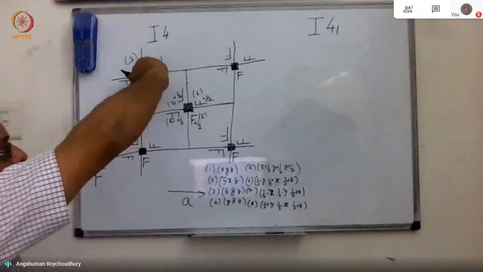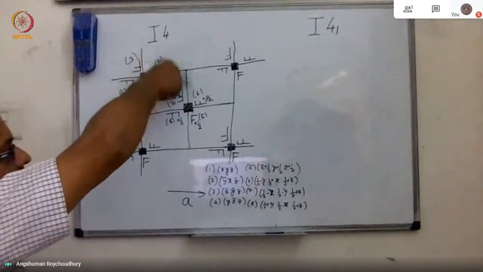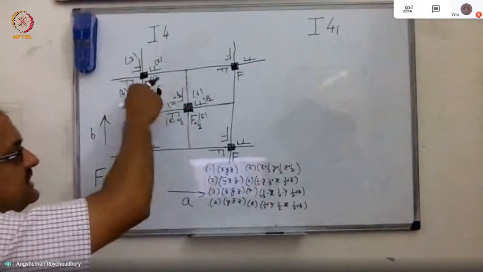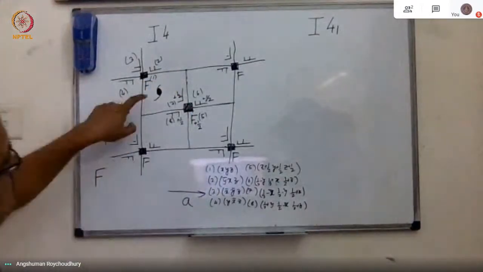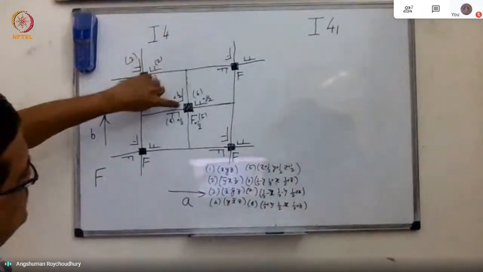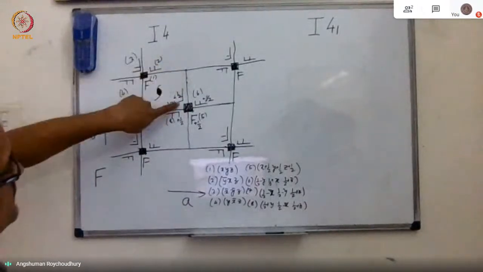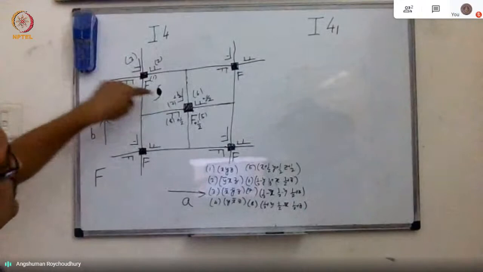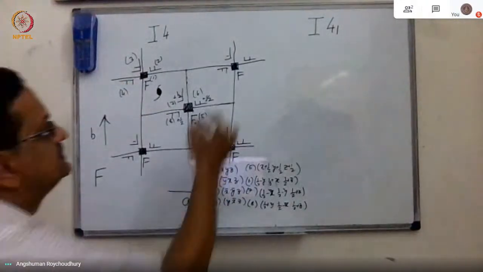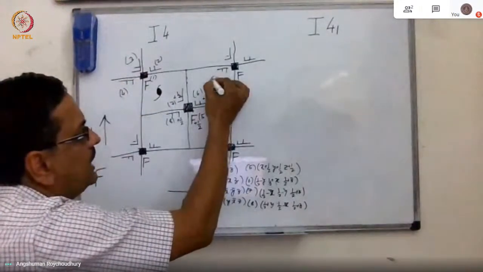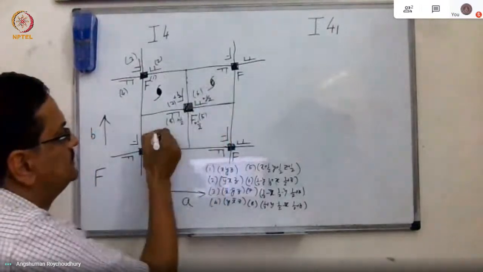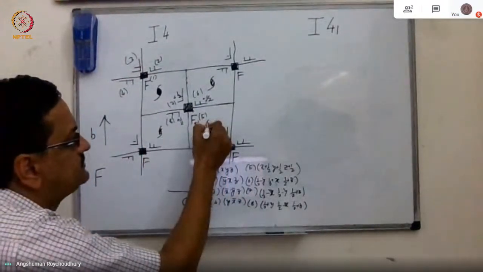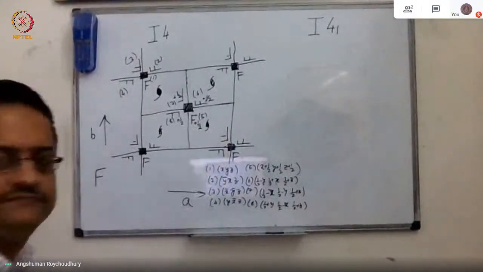If I rotate that F by 90 degrees and translate it half, these two objects are generated. This object, if I rotate by 90 degrees and translate half, comes here, which is halfway up. So these two are 2-1 related. Similarly, these two are 2-1 related, and these two, and these two.